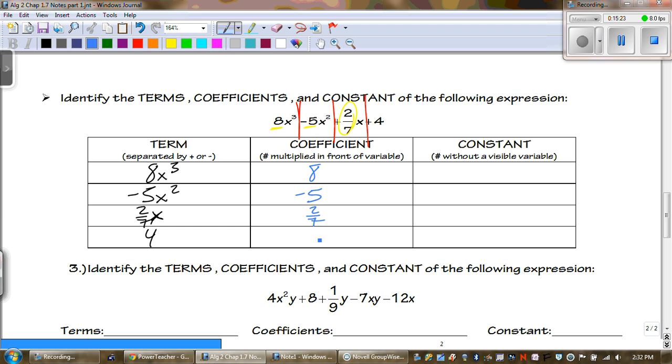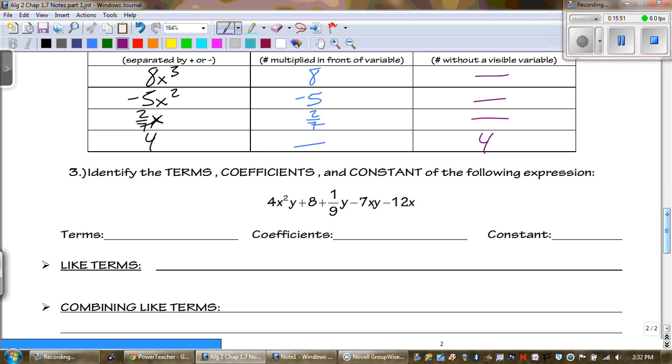Now this last one, there's no variable, so there's no coefficient. Okay? Now the last part, a constant, is a number without a visible variable. Okay, so which ones don't have a variable? Well, there's a variable, there's a variable, there's a variable, but the last one doesn't have one. So 4 is a constant. Okay?